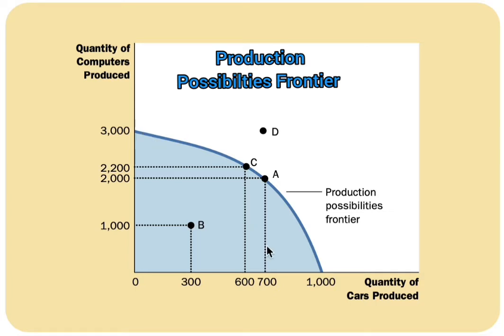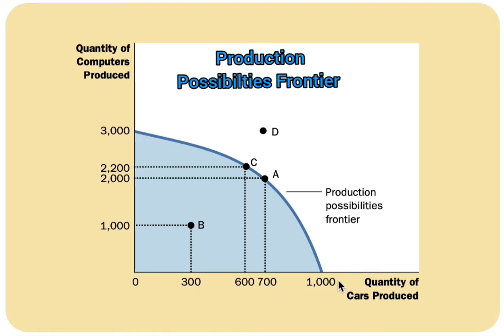On the other hand, if it is only producing 1000 units of cars and 0 units of computers, again it is called an efficient point. Any combination of goods produced on this curve will be called efficient.